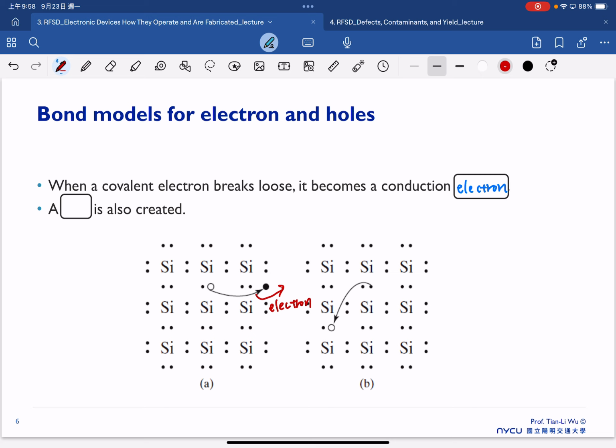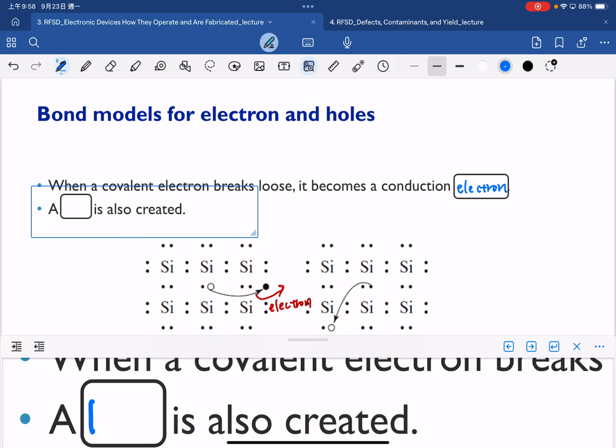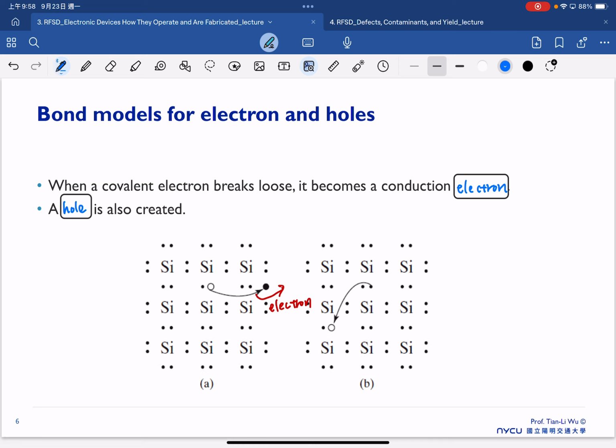But since this electron is moving away, an empty space is created, which means a hole is also created. So far this is pretty basic, related to electron-hole generation due to the breaking of the bonds.